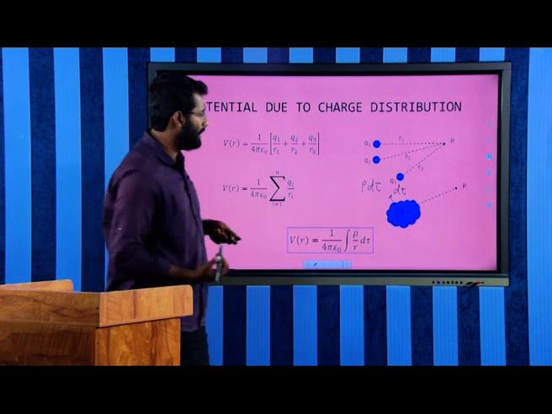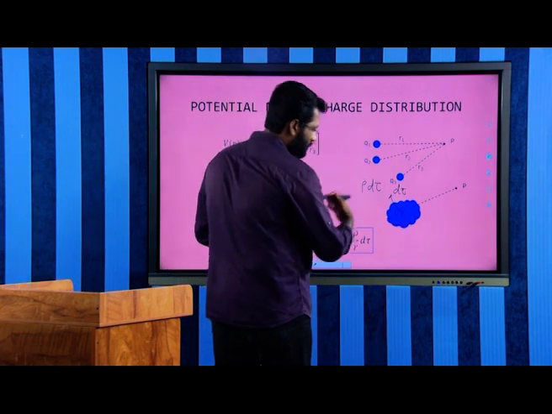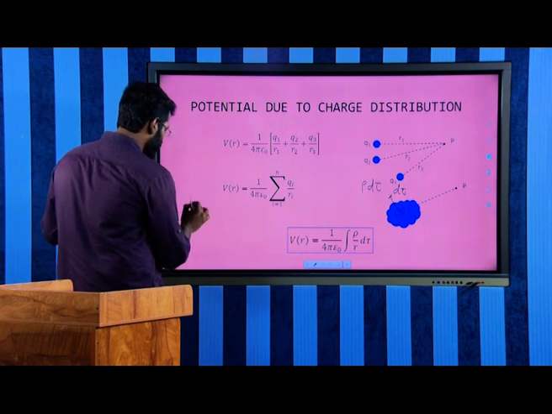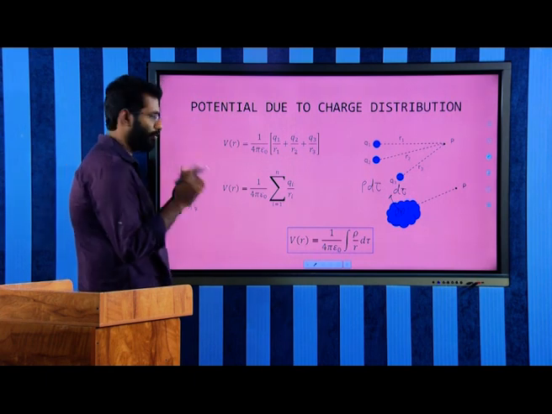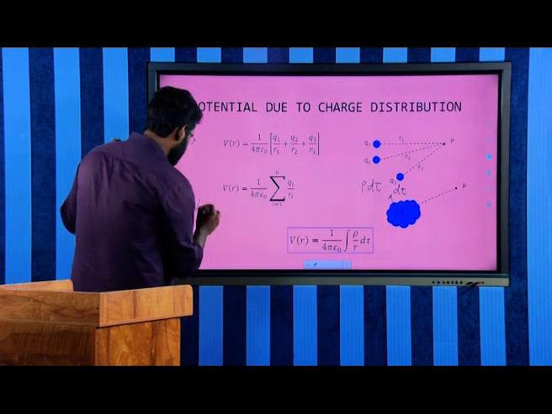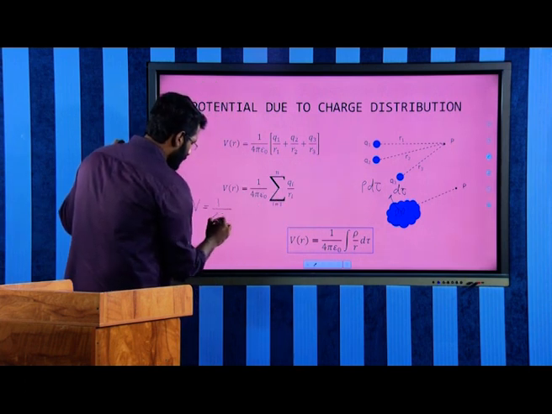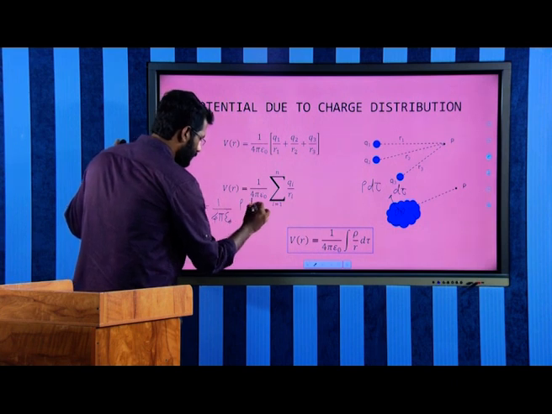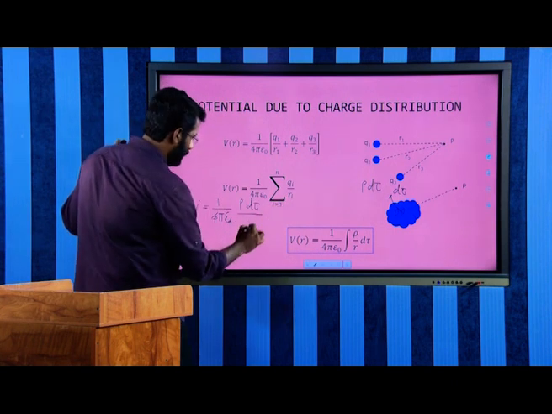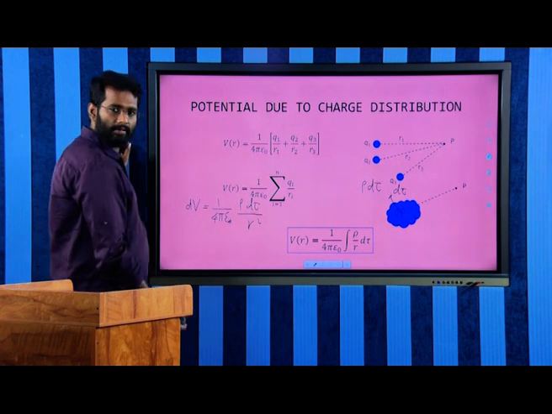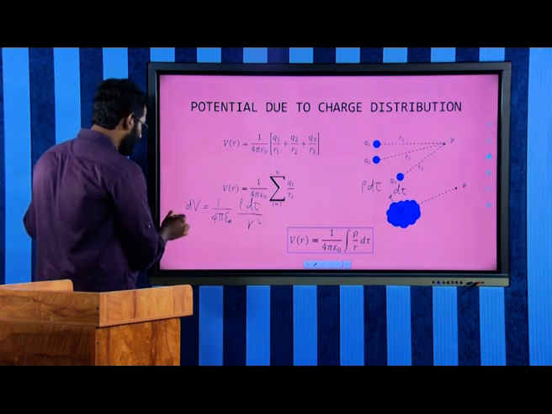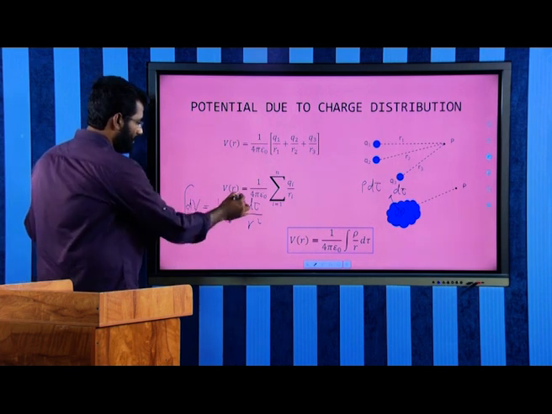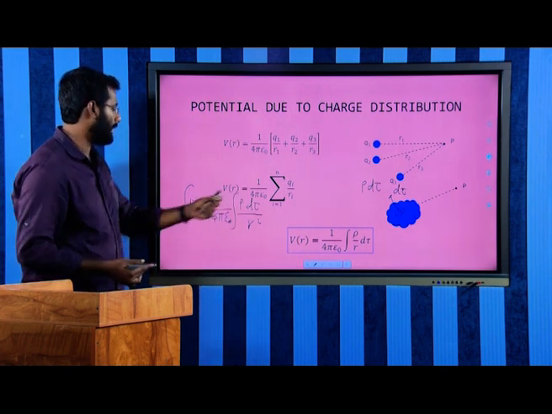So the potential due to this elemental volume, we can write it as dV, because it is a very small potential due to the very small charge, equal to 1 by 4 pi epsilon 0 rho d tau by r.